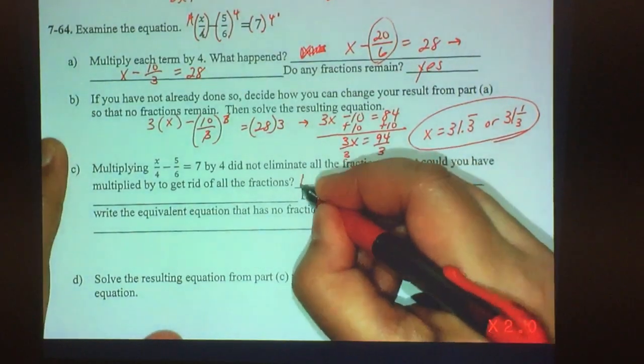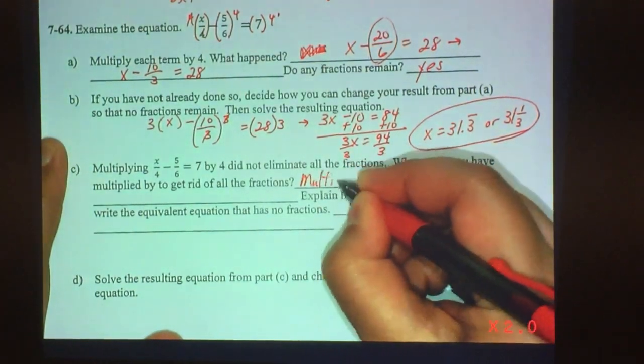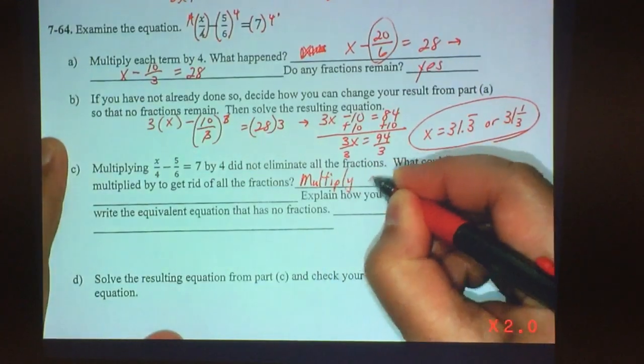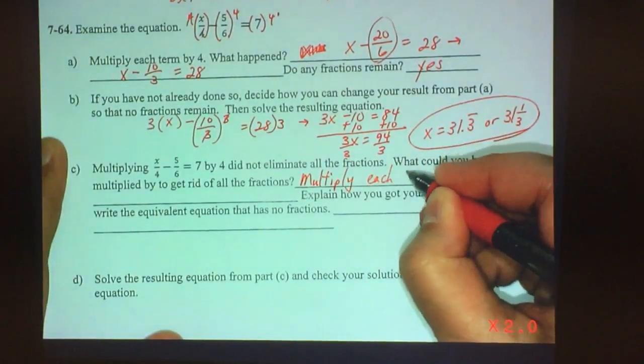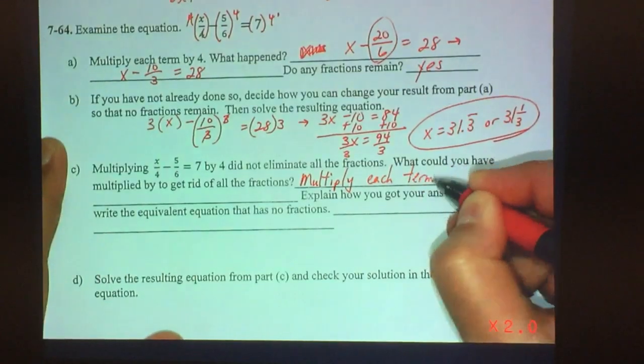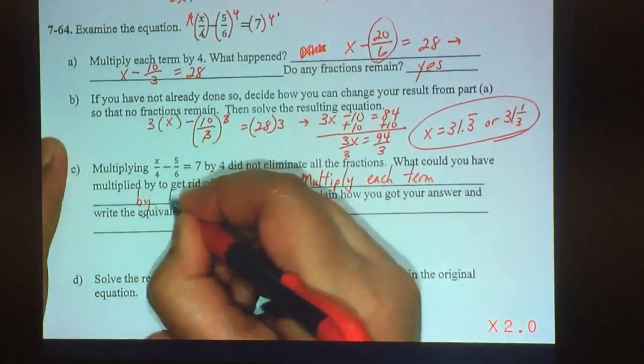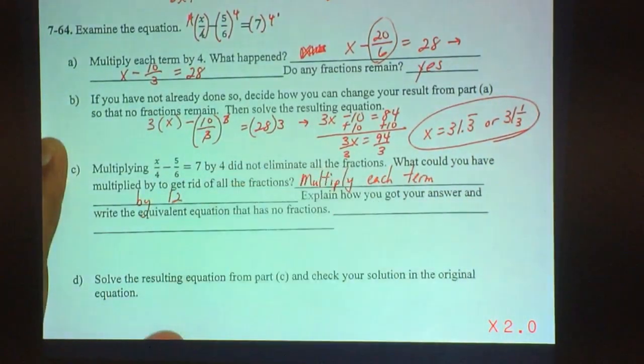So here we will multiply each term by 12. Explain how you got to 12.